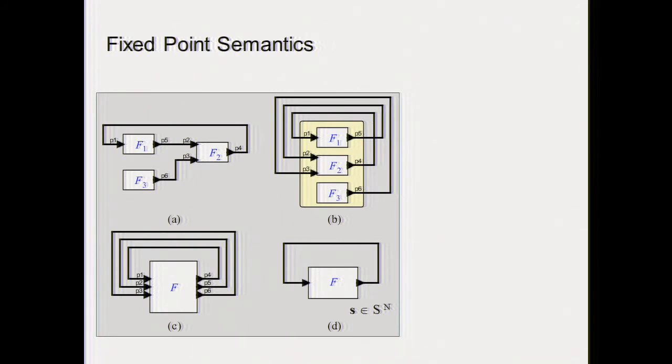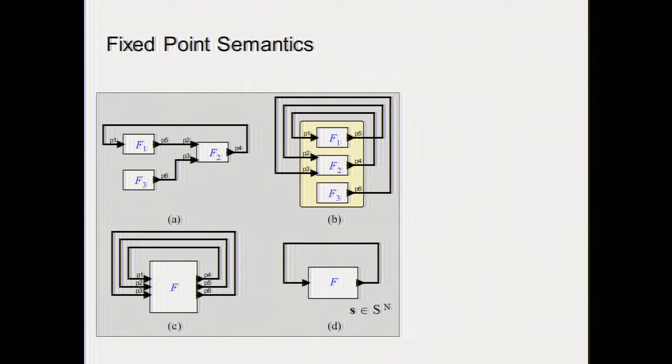This output is F of S. And now, to impose the feedback, you have to say that S is equal to F of S. Okay? So if that equation has a solution, then this is well defined. If you have no solution, it's inconsistent. If you have multiple solutions, it's not deterministic. Right? Because you may have different behaviors given the same situation. Okay? So the meaning is S equal to F of S.